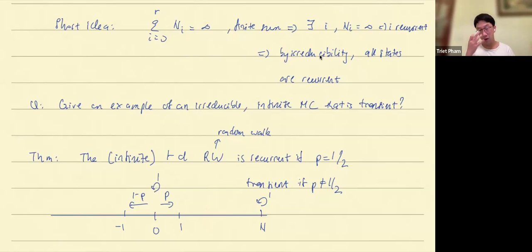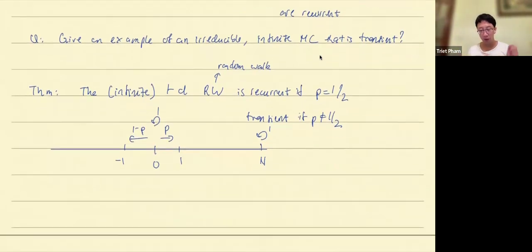What that means is eventually you will be either absorbed at state n or absorbed at state 0. That's the gambler's ruin problem. The question there: you start at some state, what's the probability that you'll be absorbed at state n rather than at state 0? We'll look at that problem if we have time.